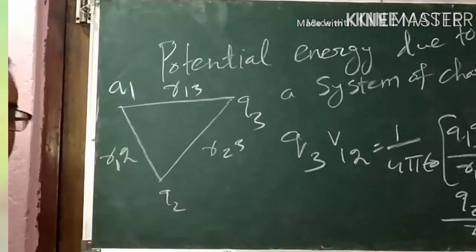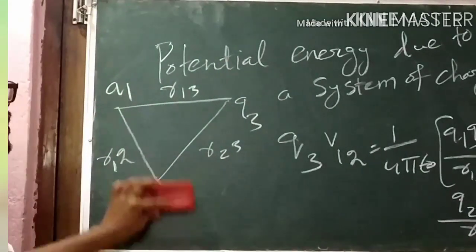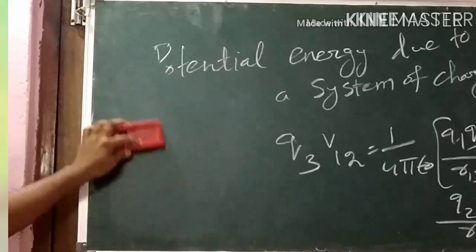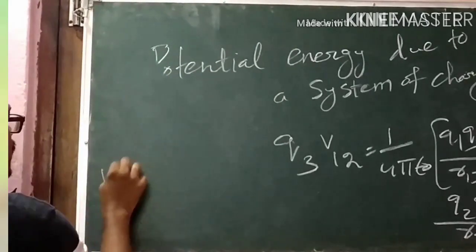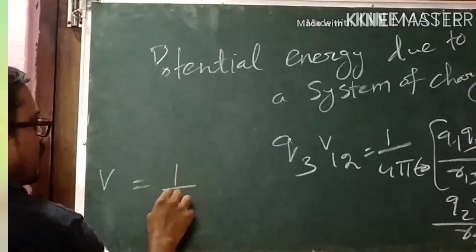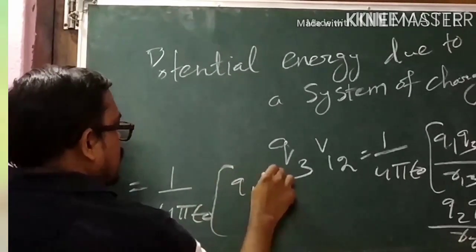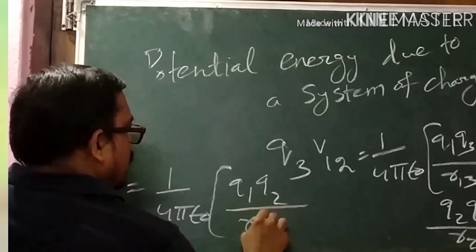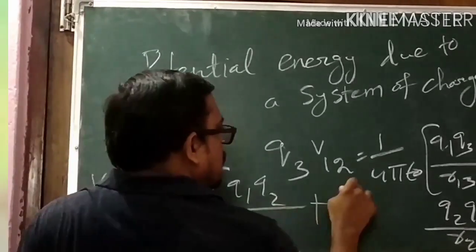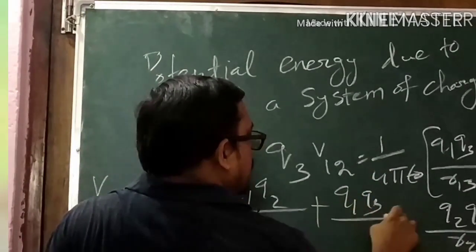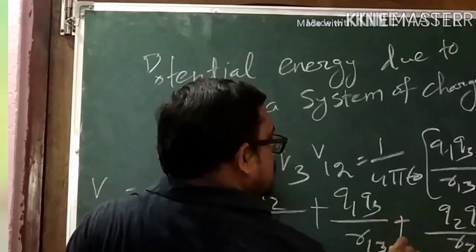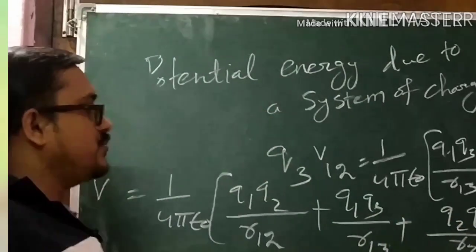Now the net potential due to this system of charges will be equal to 1 by 4 pi epsilon 0 times Q1 Q2 by R12 plus Q1 Q3 by R13 plus Q2 Q3 by R23.